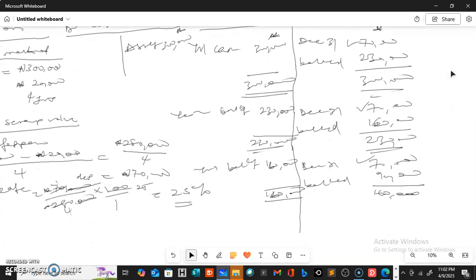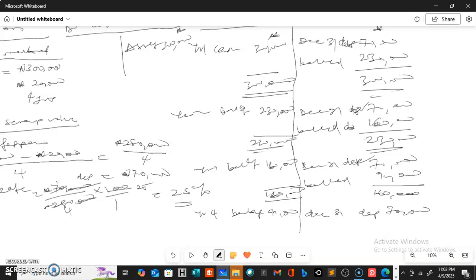So for year four, because the asset is used for 4 years, we have the balance brought forward of 90,000. We have depreciation on December 31 of that year. This is depreciation, 70,000 again.